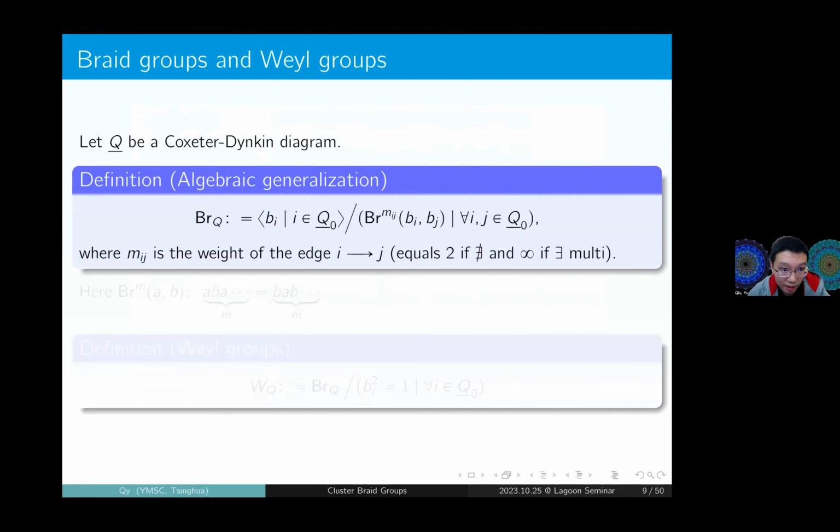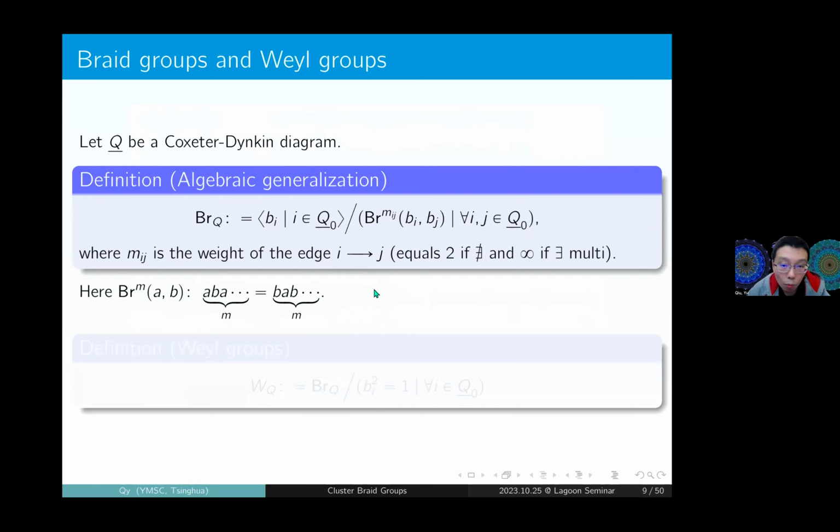The way to do that is that for each vertex you have a generator, and for any two vertices you have a braid relation of some degree. A degree m braid relation means you have ABA with m factors equals BAB continuing with m factors.